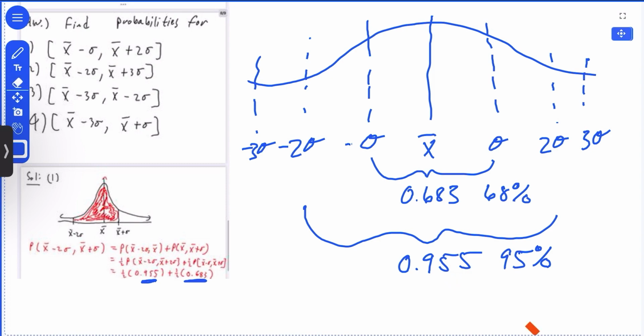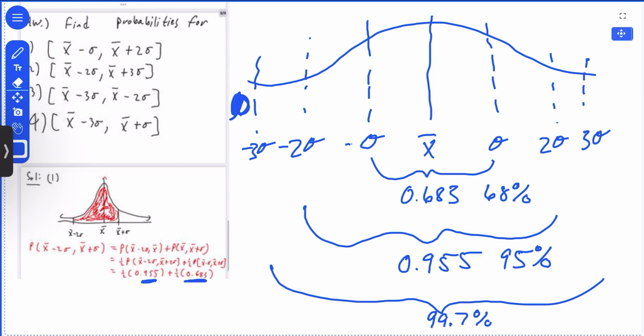Okay. And then actually between the third standard deviation, there's going to be 99.7%. So there could still be some values to the left and to the right of the third standard deviation, but there's not going to be a lot. Okay.